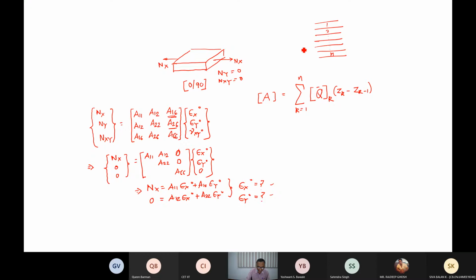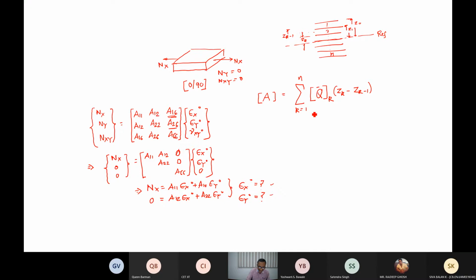What is zk and zk minus 1? That means suppose this is the reference plane. If you have kth layer, then top of this is zk minus 1, bottom of this is zk. That means for the first layer, this is z0 and the bottom one is z1. This is the nomenclature we have followed.